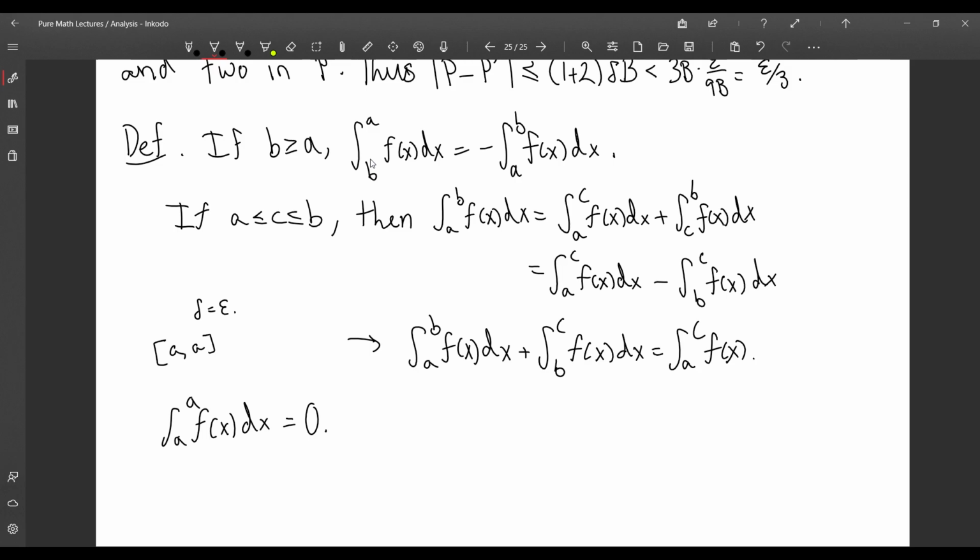But essentially this is because we have the integral from a to b of f of x dx plus the integral from b to a of f of x dx. And since these are negatives, they cancel out and you get 0. Okay. So next we are going to go through some examples of these Riemann integrals, some important examples.